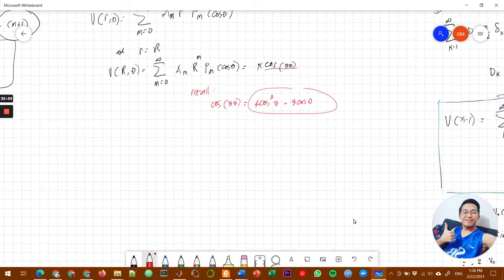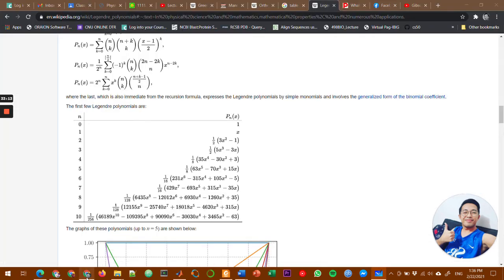So, going back here, we can see it here na ang cosine theta is just equal to P1 of cosine theta, right? So, n is 1. So, P1 of x is equal to x. Okay, tara.